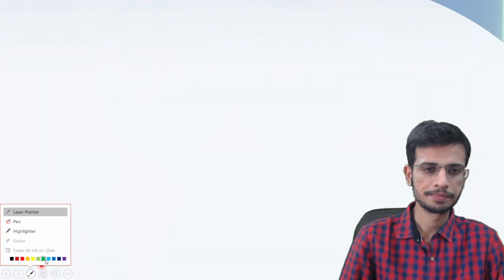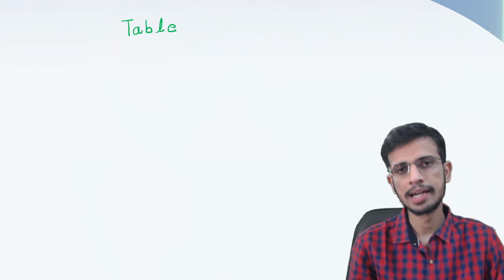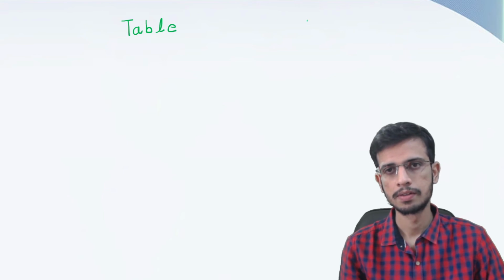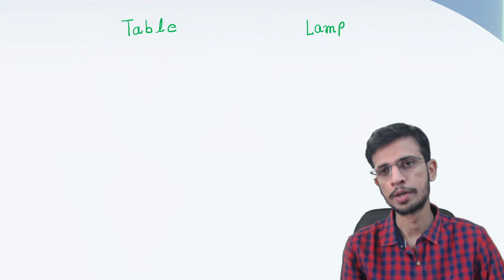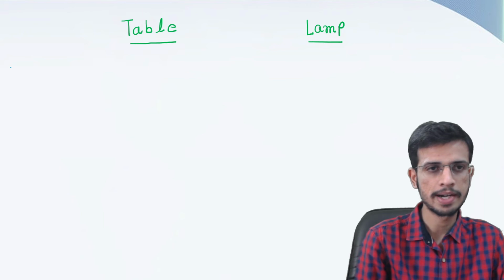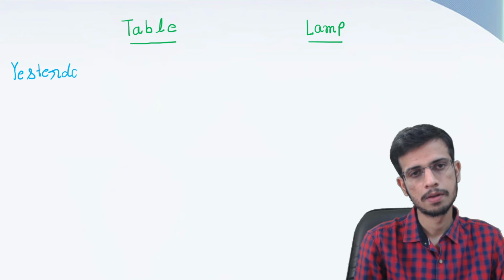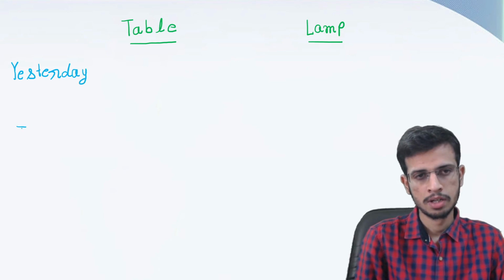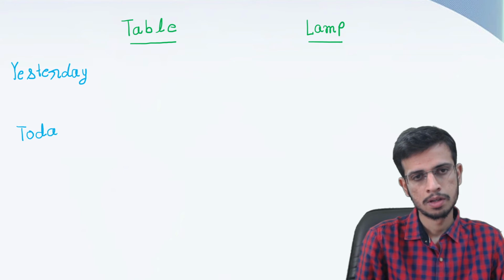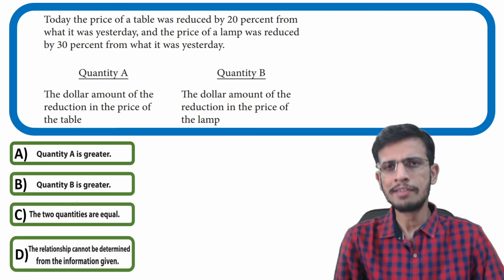So let me help you. Let me make a price list of the table, yesterday and today. Yesterday's price of the table and lamp are not given to us basically.